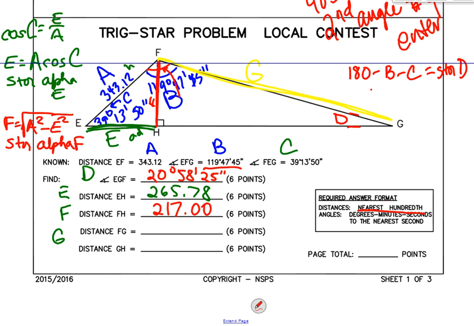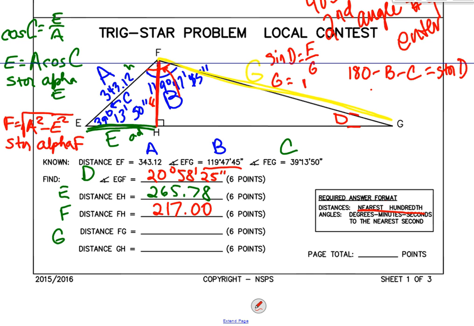And so what trig function am I using? The sine of D equals F over G. So I want to find G, and so I'm going to just switch them.